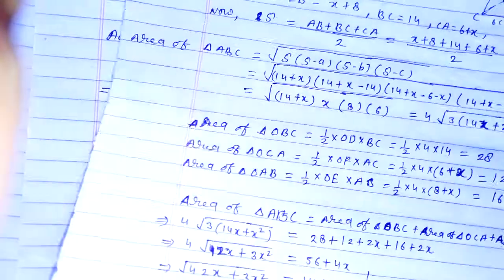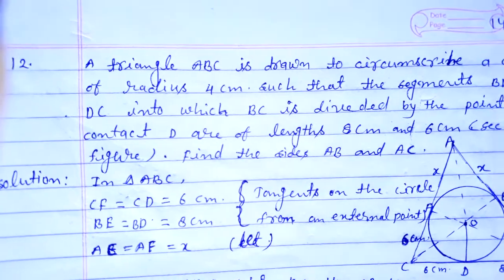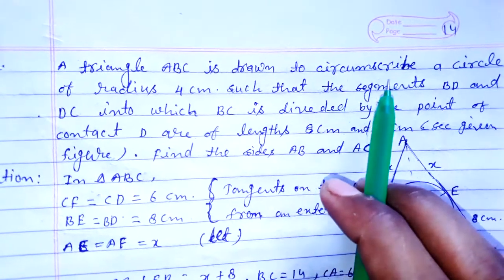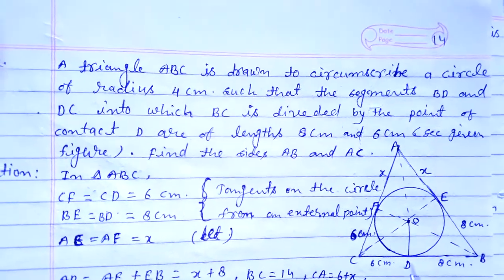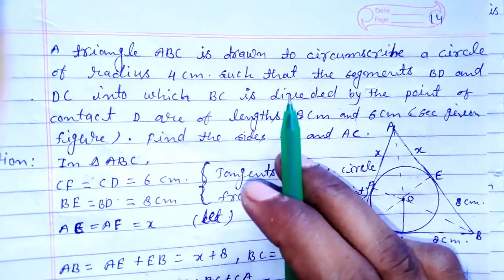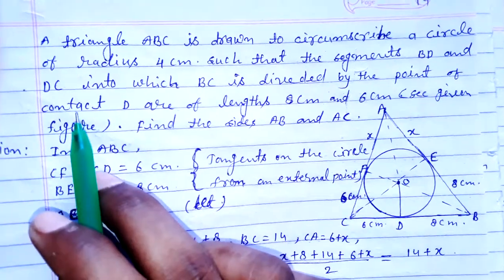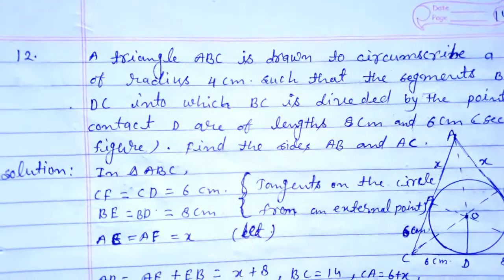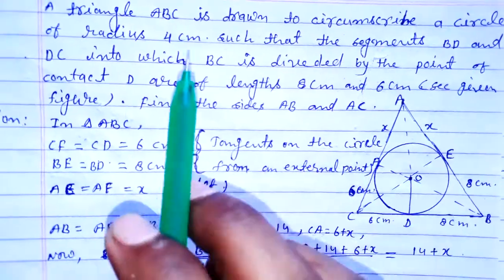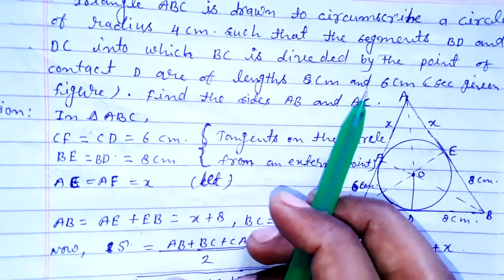Next question. This question is lengthy but not tough. The triangle ABC is drawn to circumscribe a circle of radius 4 cm, such that the segments BD and DC, into which BC is divided by the point of contact D, are of length 8 cm and 6 cm.